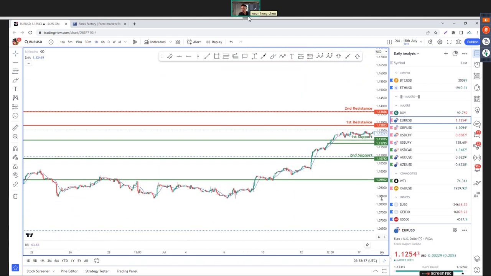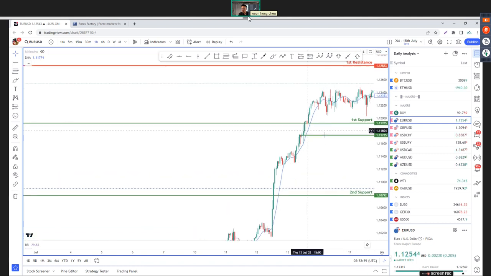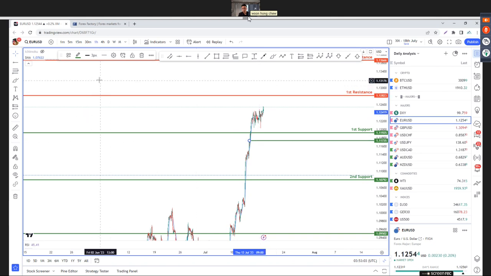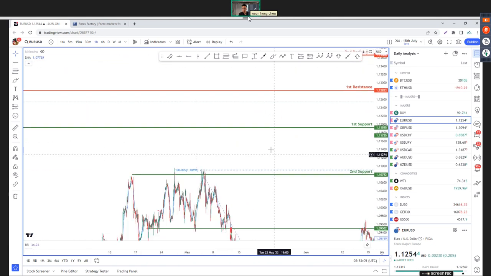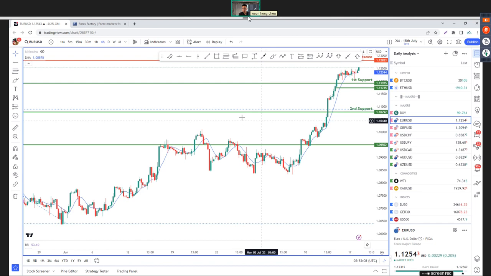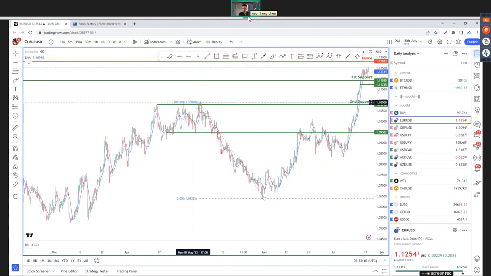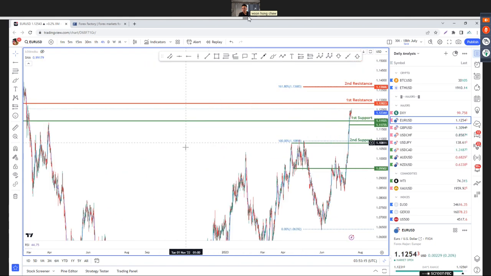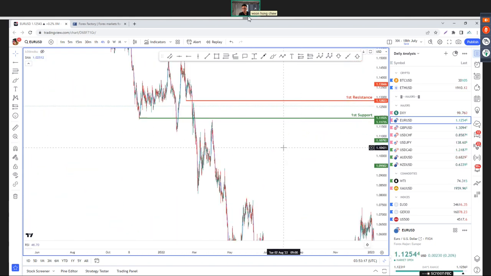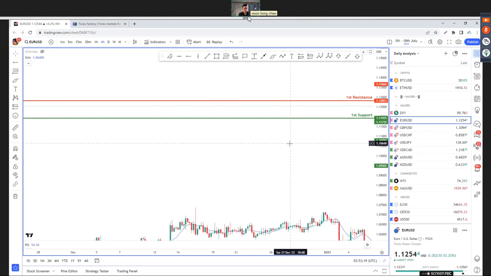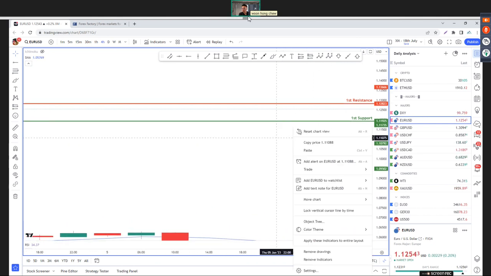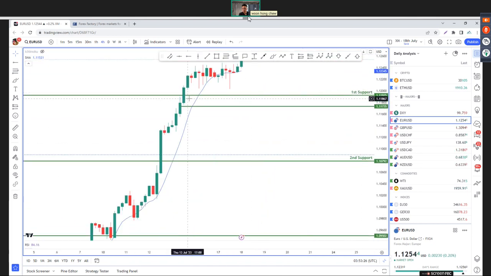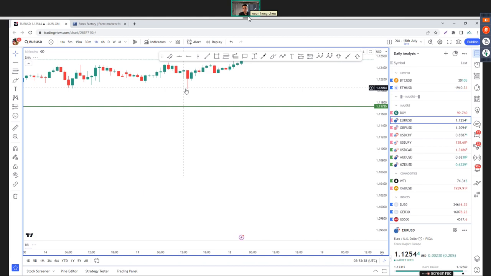Let's see 4 hours. Support. Okay, so we have identified this area as our first support area. So we'll go down to the 1 hour chart.